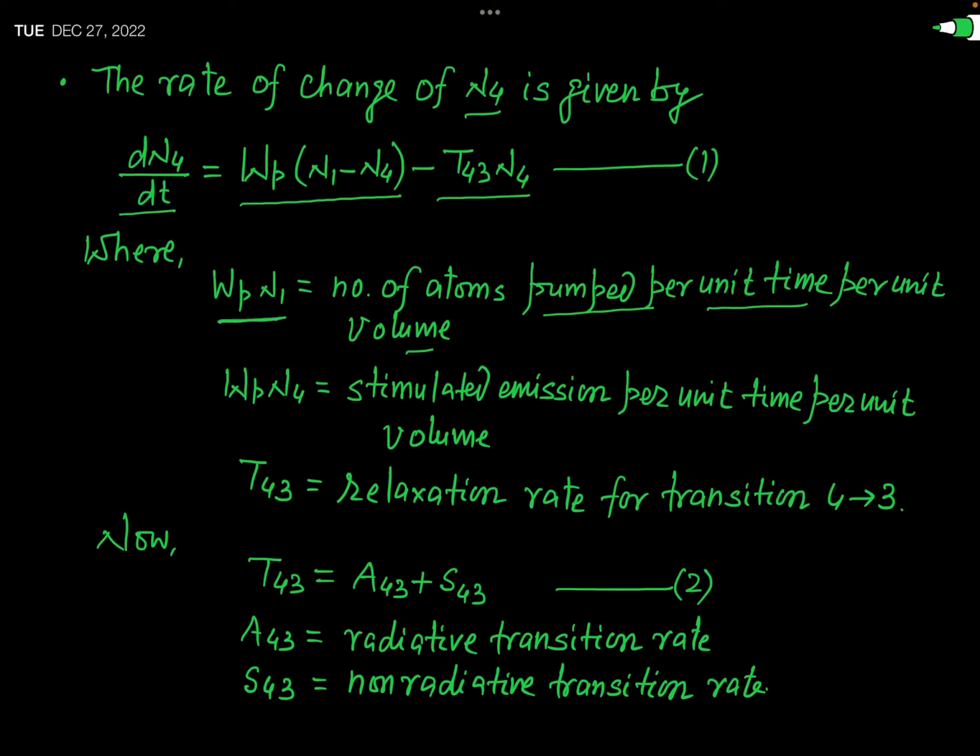At the same time, Wp times N4 is the stimulated emission per unit time per unit volume. So the number of atoms in the fourth energy level is increased by the rate Wp N1, and decreased by the rate Wp N4. So the net rate of change of atoms in the fourth energy level due to this transition will be Wp N1 minus Wp N4. Wp N1 is the increment and Wp N4 is the decrement.